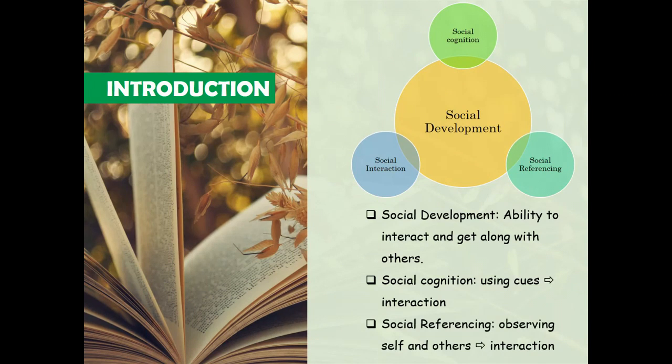Social referencing refers to the process where we observe our own interaction and other people's interaction in order to evaluate the best behavior or reaction, the most appropriate behavior or reaction that we can use to interact with other groups of people to make us fit in with the society.